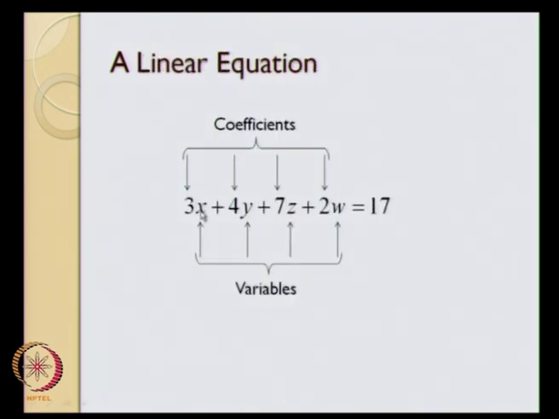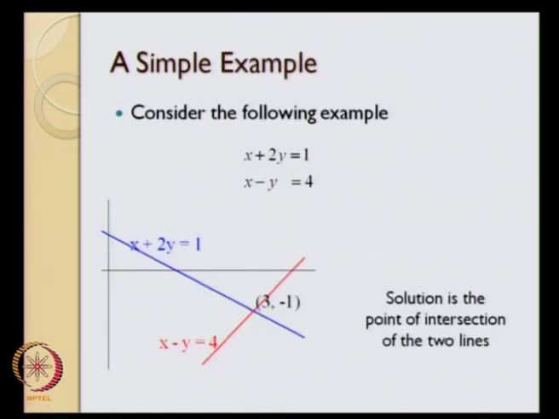So, in this particular case we have 4 variables x, y, z and w. There are 4 coefficients 3, 4, 7 and 2. So, this represents the left hand side of the equation and the right hand side of this equation is 17. Okay. So, this is a linear equation that we have.